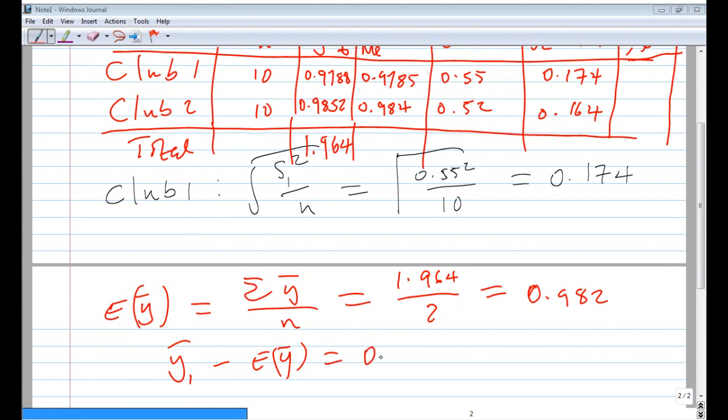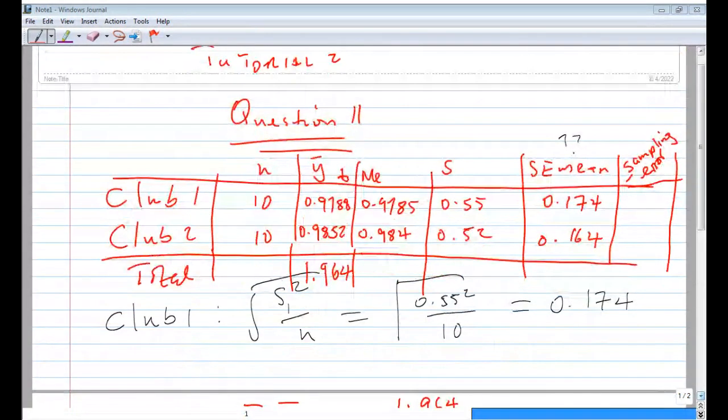It is 0.9788, isn't it? Then you subtract the mean of a simple mean, which is 0.982. What is the answer? Obviously, it's going to be negative, isn't it? Negative what? 0.032.